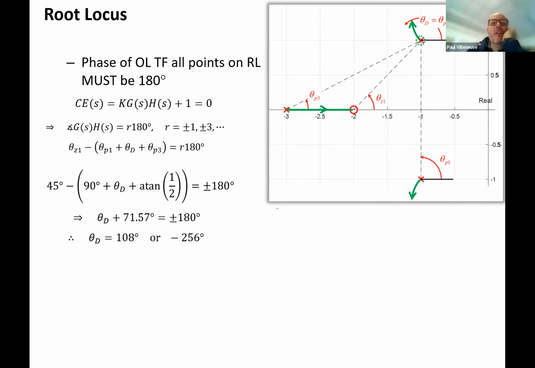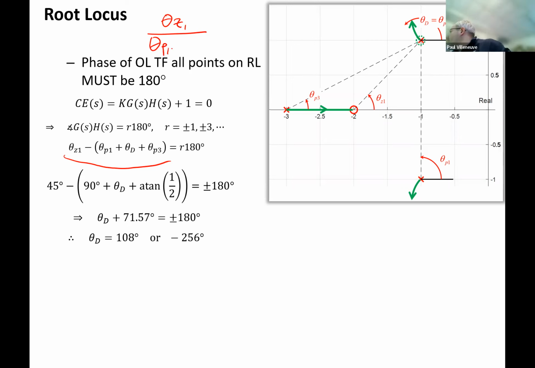So our characteristic equation, again, is 1 plus KGH. Our angle has to be plus or minus 180. And remember this, okay? We have three poles and one zero. And so if you recall, we're going to have an angle theta z1, and a theta p1.